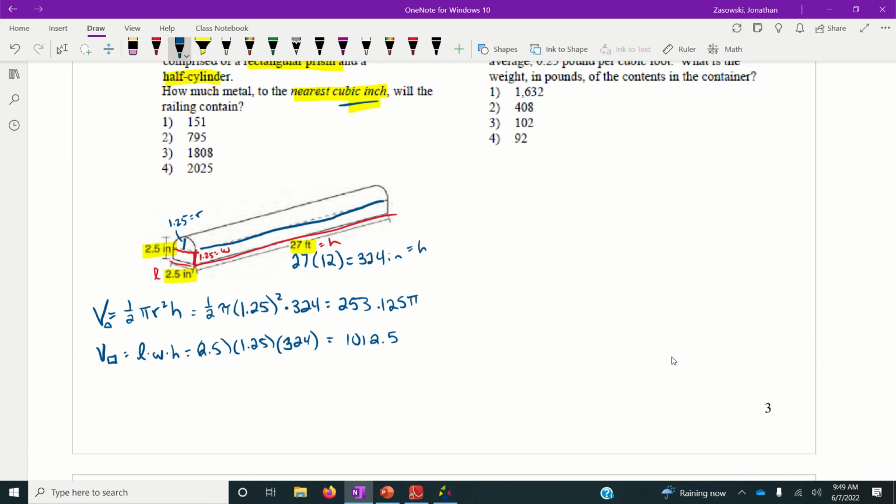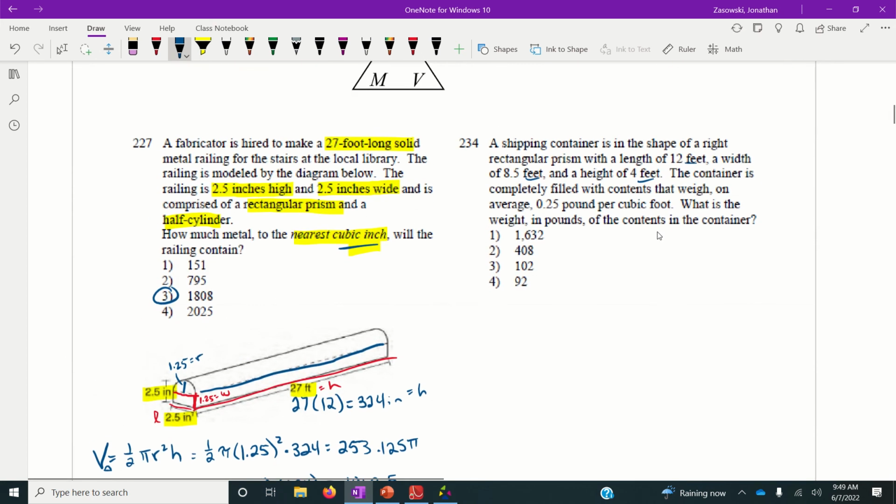So if we add these together, make sure you attach a pi onto the first number, plus the second number. And we're going to get 1,807.7. So nearest cubic inch is going to give us 1,808, which should be choice 3.